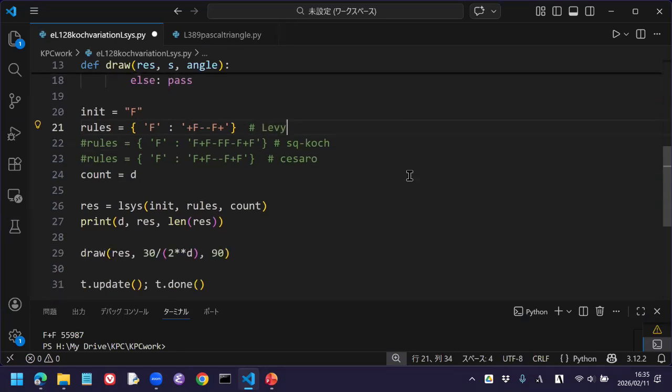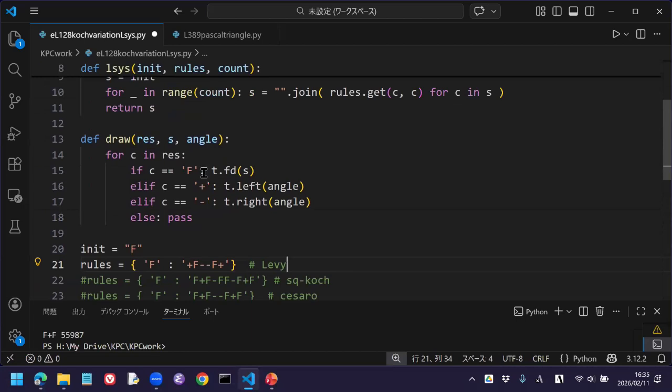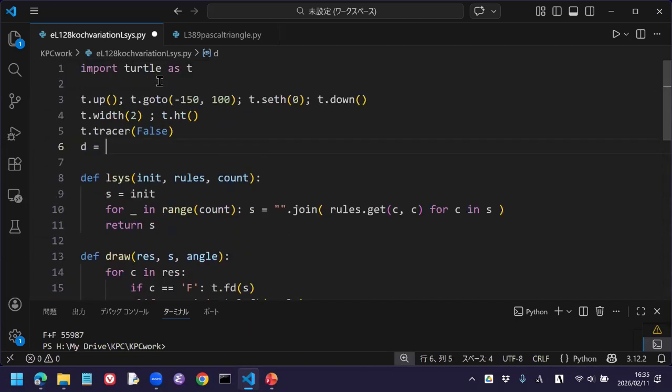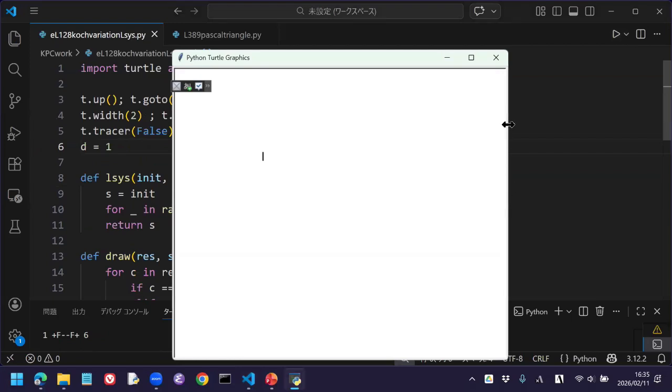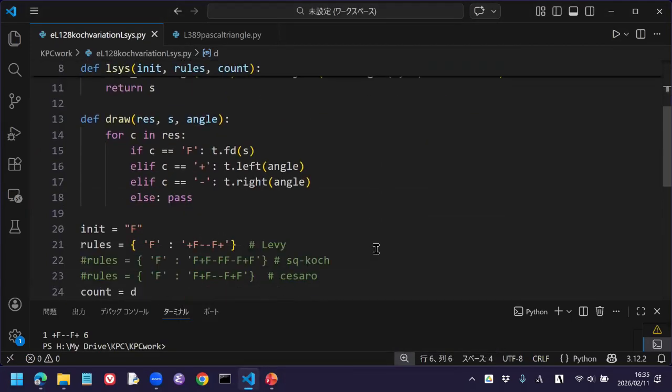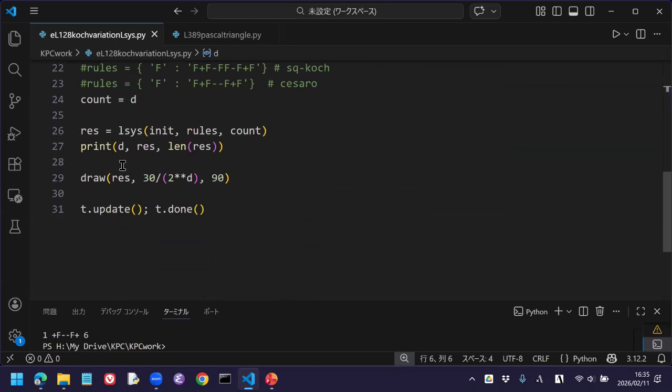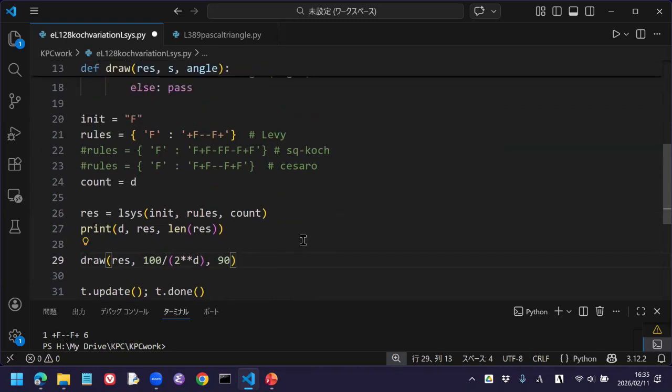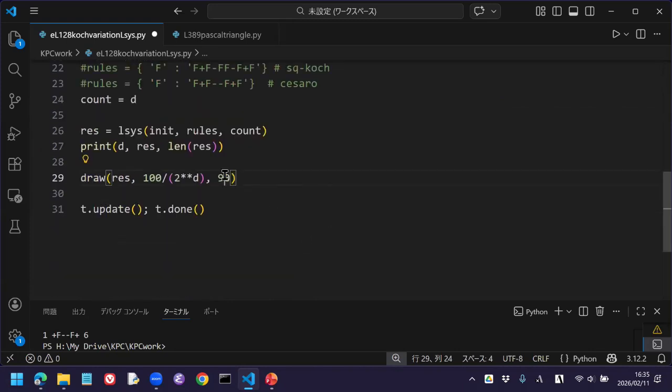Okay, very simple. Let's see how it looks for level 1. Too small. We can change it to 100. By the way, we don't like this.